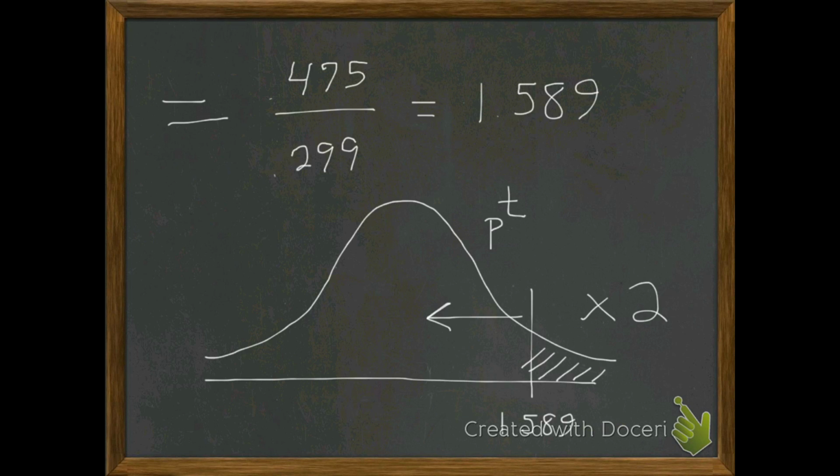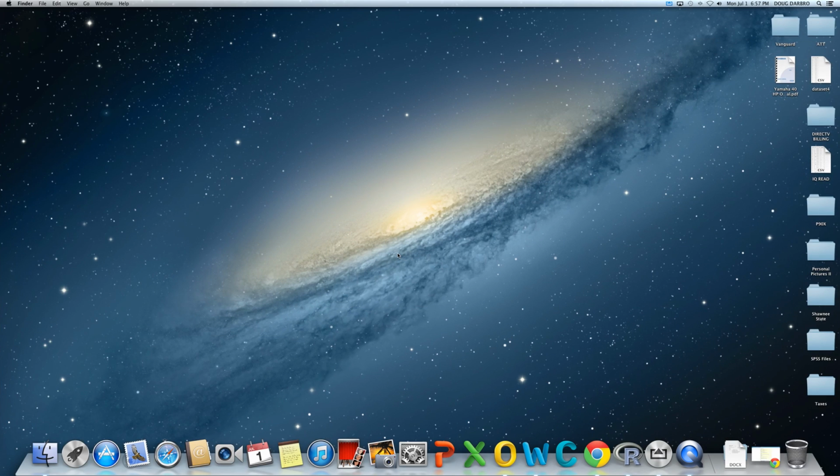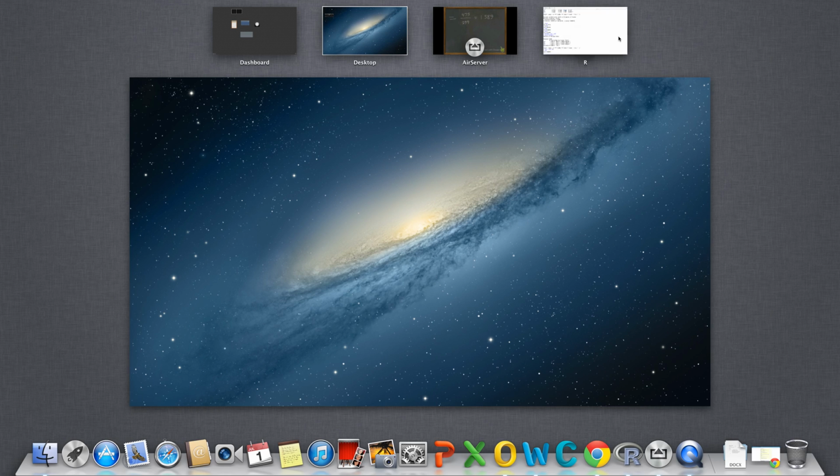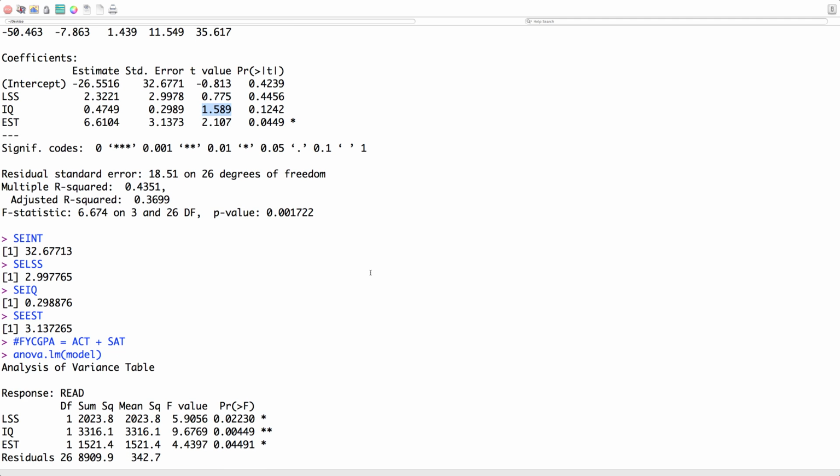Now, for these calculations, the degrees of freedom for the estimates will be, well, I forget. What are the degrees of freedom for the T?